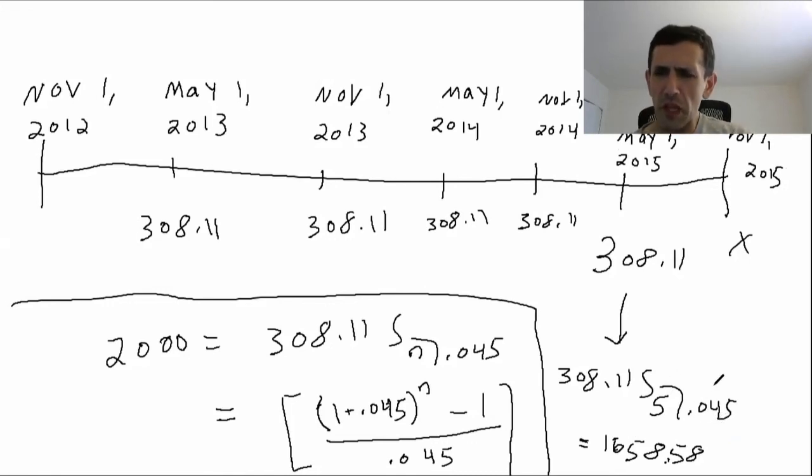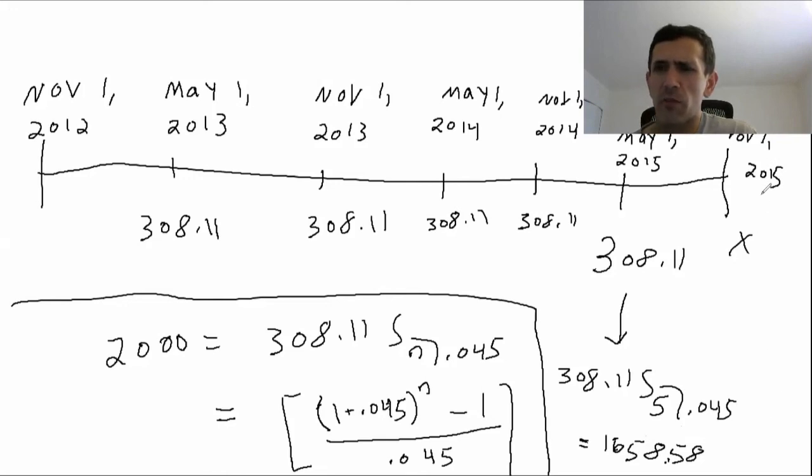But again, this is going to accumulate 6 months of interest. Basically, this amount sits in the account for 6 more months.